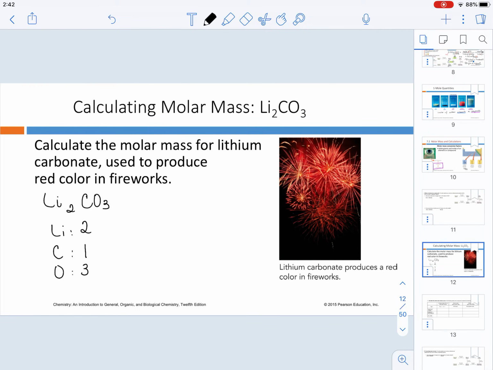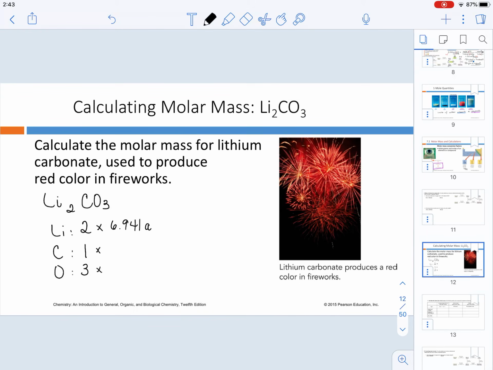Now we go to our periodic table, and utilizing our periodic table, we can find the mass for each of those elements. And then we are going to multiply it by the amount that is present based on the subscript.